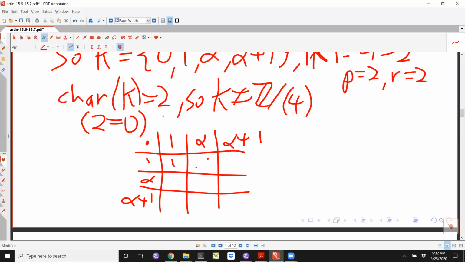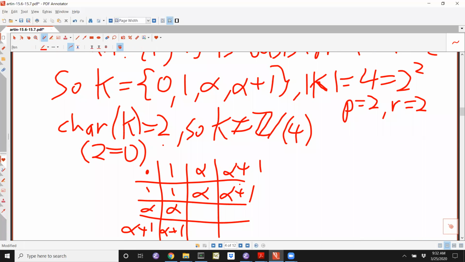So some of this is not so interesting, right? So the row and column corresponding to 1 are not that interesting. So the interesting part here is when you try to fill in this stuff over here. Yeah, okay, which will actually illustrate a couple things.